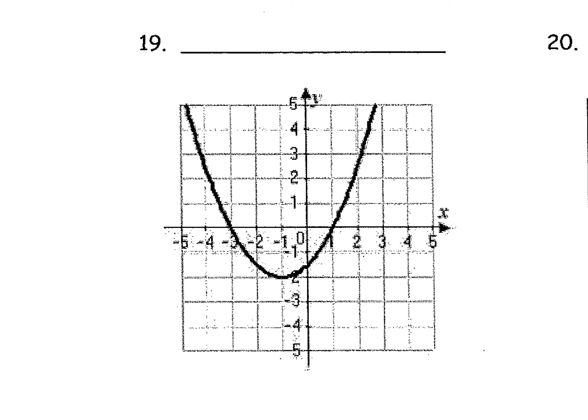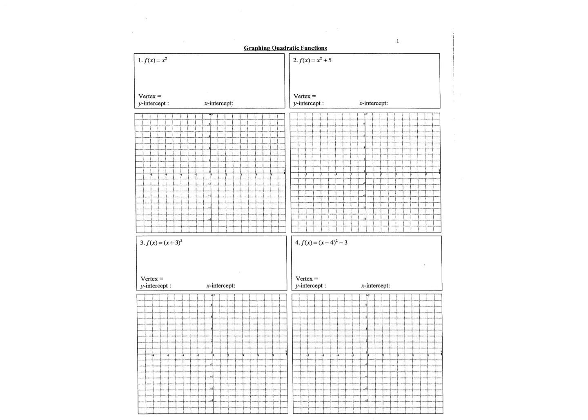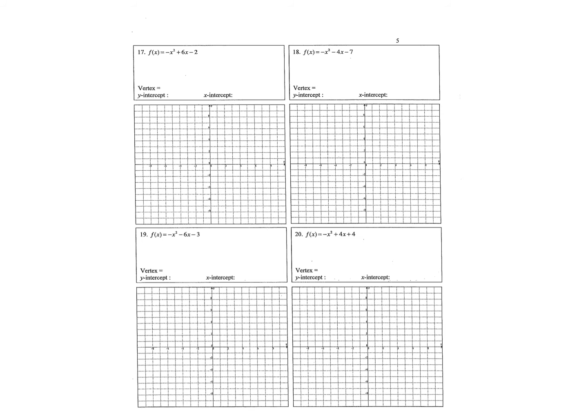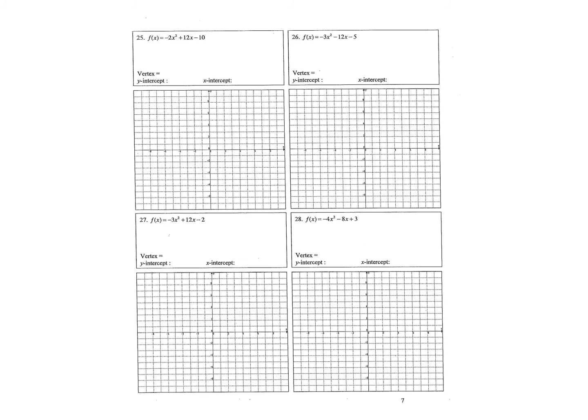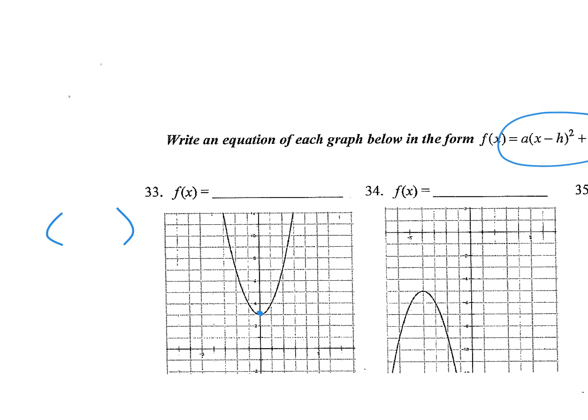So the vertex is 0, 3, because we stay on 0 and go up 3.